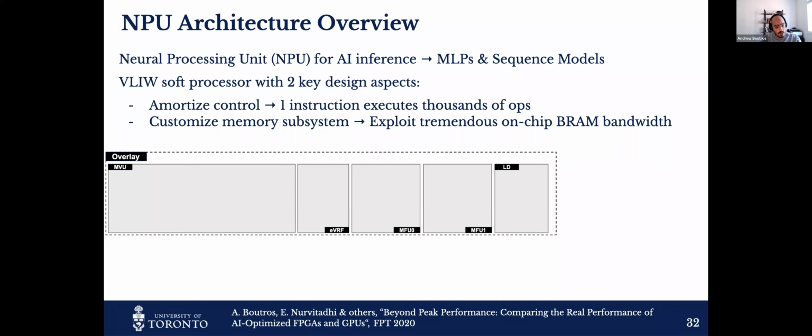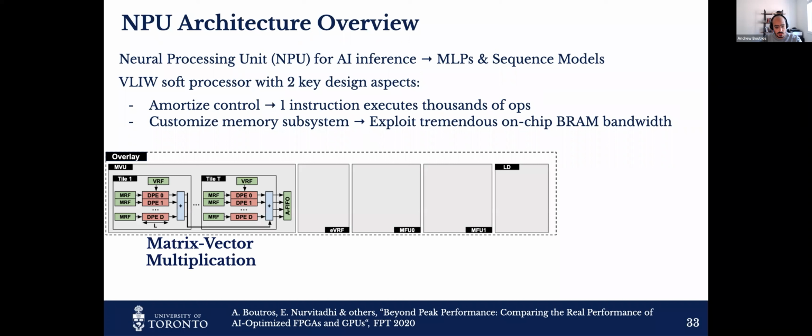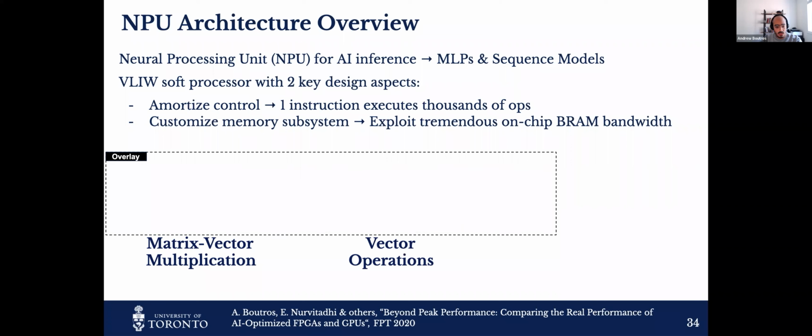So the NPU consists of 5 coarse-grained functional units that are chained together. The first one is a matrix vector multiplication unit, which focuses on the tensor operations, does the bulk of computation, and consumes most of the FPGA resources.